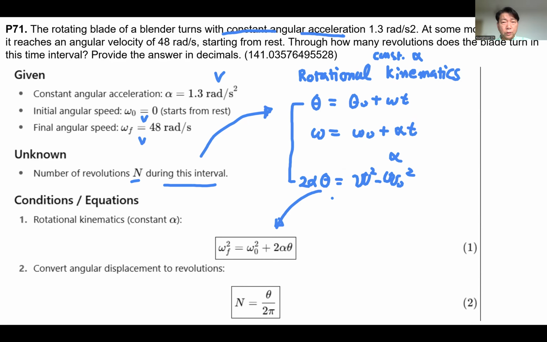So utilizing the rotational kinematic formula for constant angular acceleration, we get this one, which is very similar to 2as equals v square minus v0 square for translational motion.